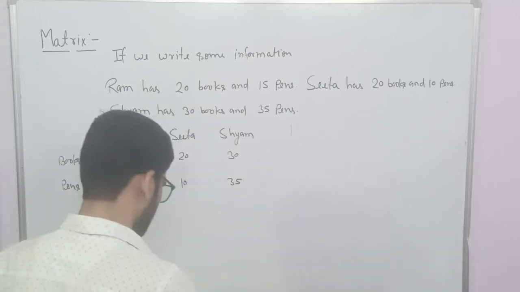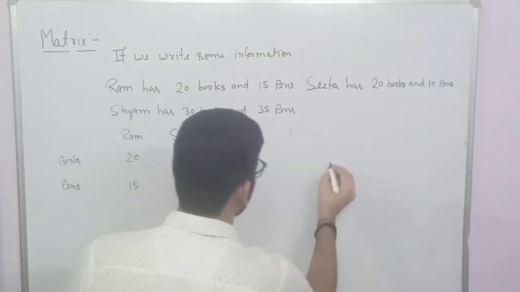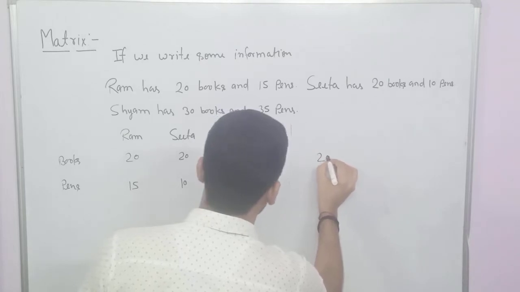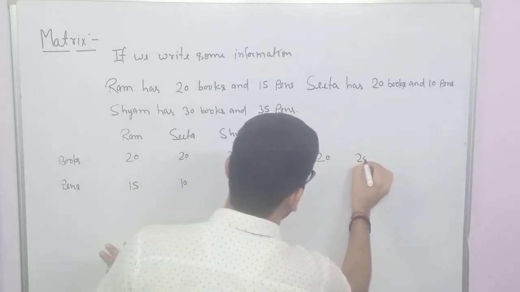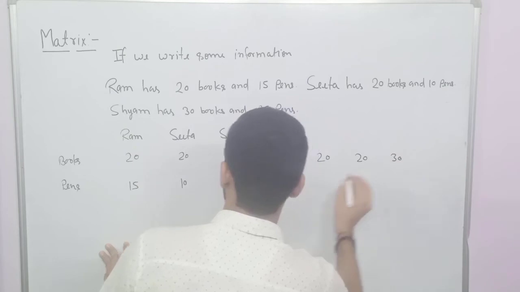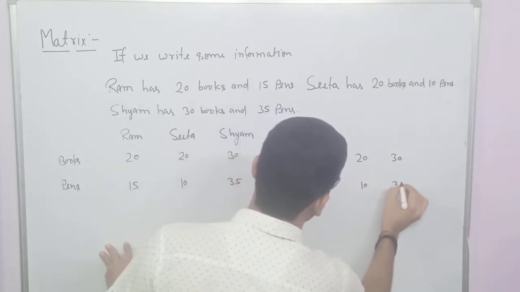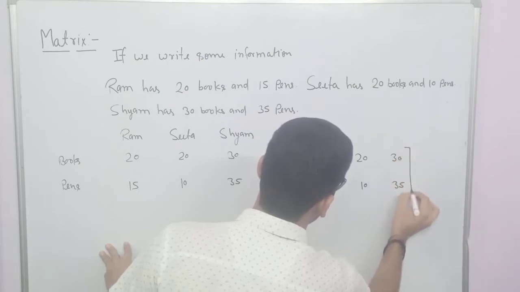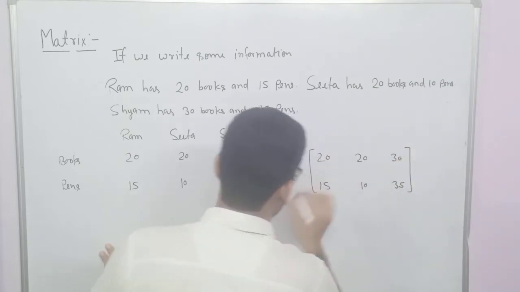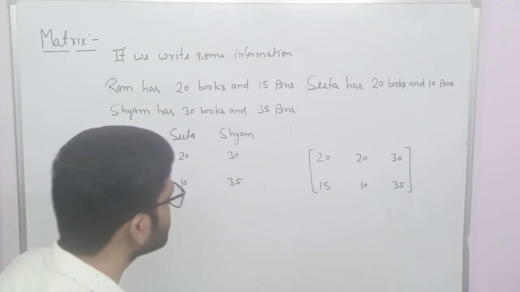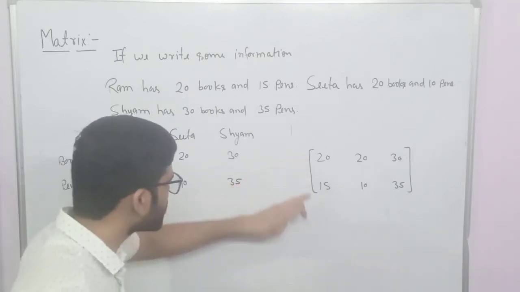How do we write it in tabular form? Write 20, 20, 30 and 15, 10, 35. Here how many horizontal lines? 1 and 2.